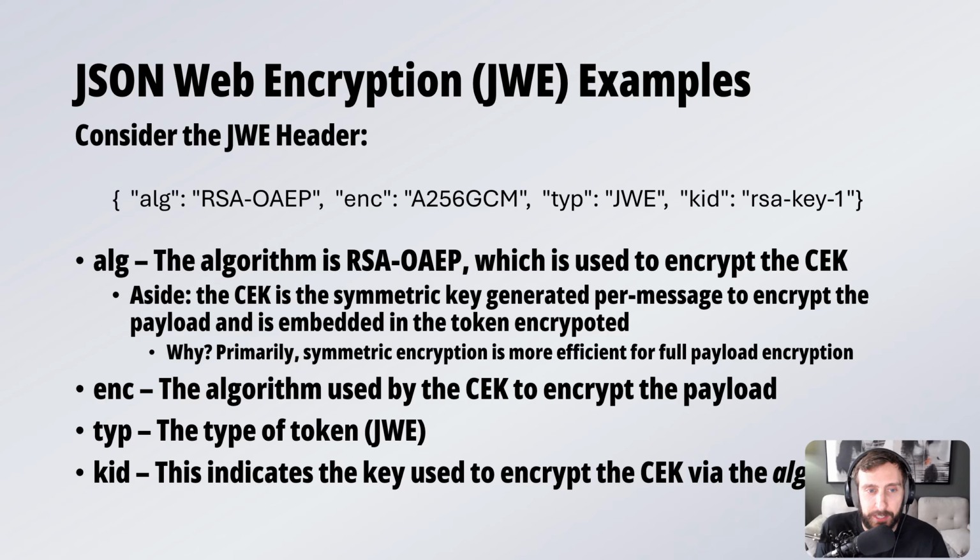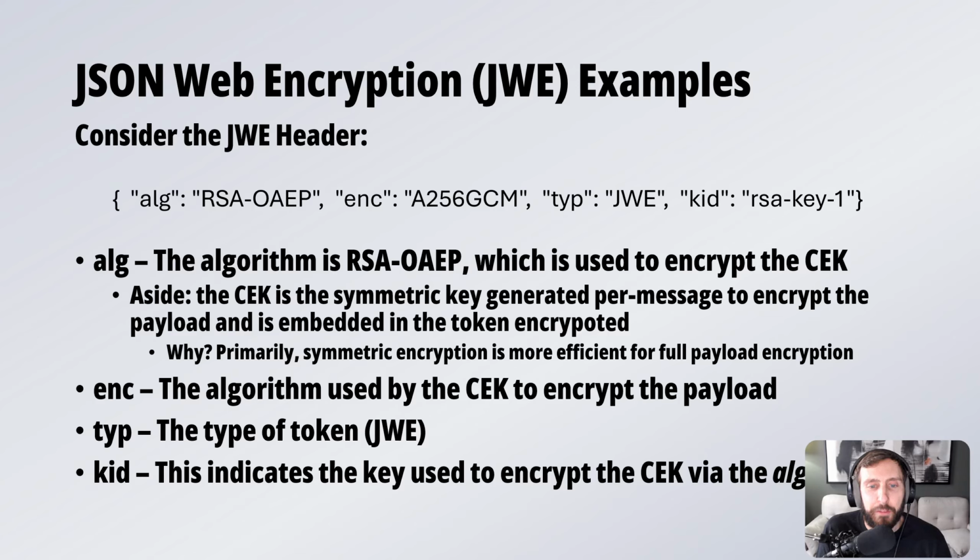content, the plain text. And the reason why these are separate is primarily efficiency. There are some other benefits, but by ensuring that the actual encryption algorithm is symmetric and avoiding encrypting and decrypting too much data with asymmetric algorithms, the asymmetric component encrypts and decrypts the CEK, the actual encryption key, which then can apply symmetric encryption to the payload, which of course can be of varying size, and can be quite big.